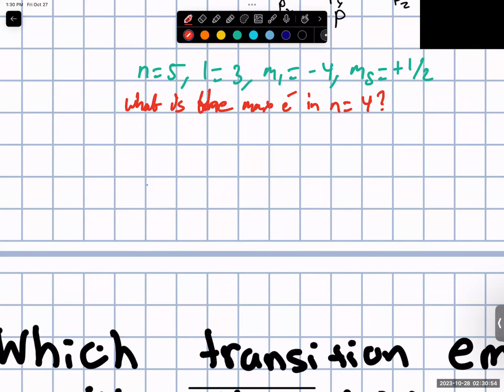And for that, as David said, use the good old equation 2n squared, where n is our principal quantum number. Yeah, that 2 is weird. All right, 2n squared. So we're gonna plug in 4 to this equation.